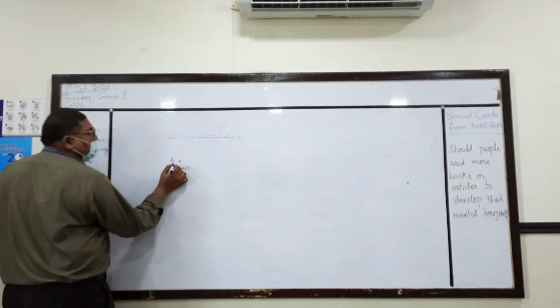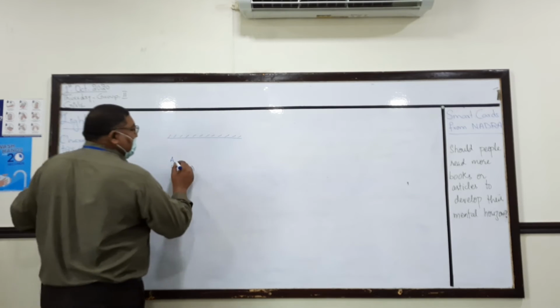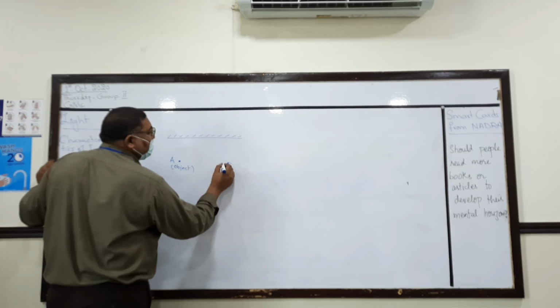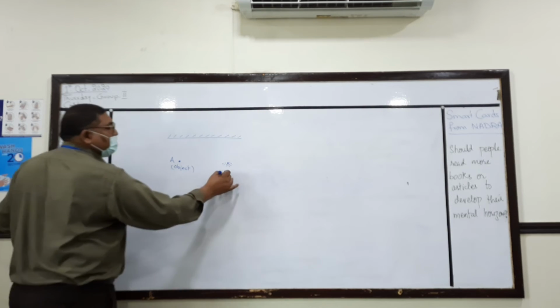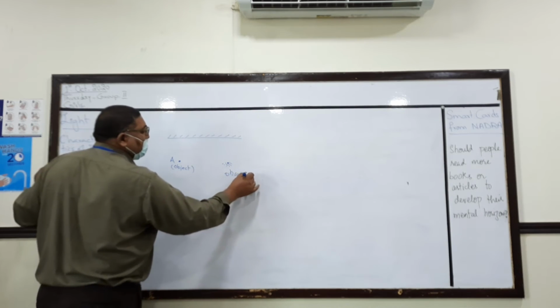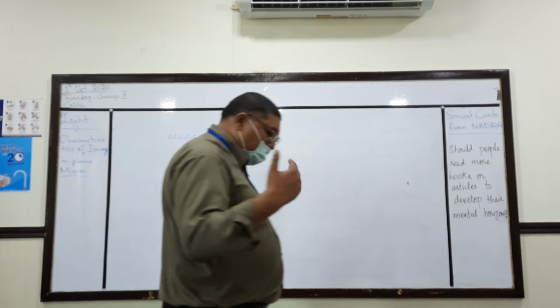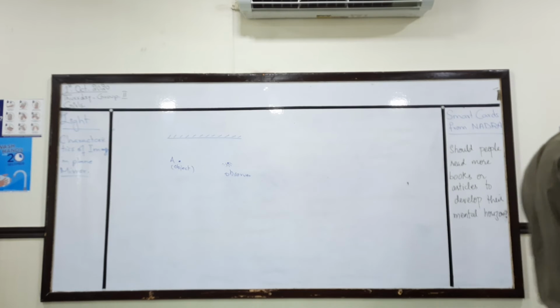Let me call it A. This is my object. And suppose here is the observer, who is looking into the mirror. Okay? So now how do you draw or locate the image?